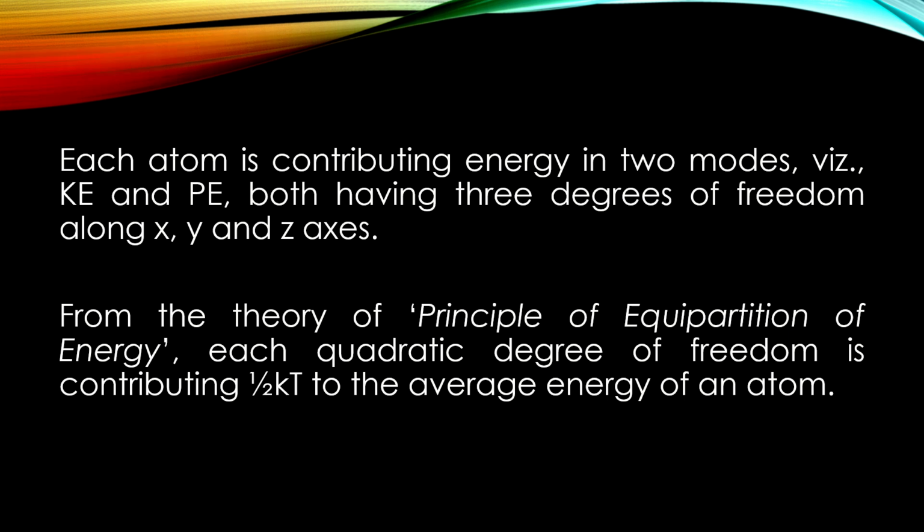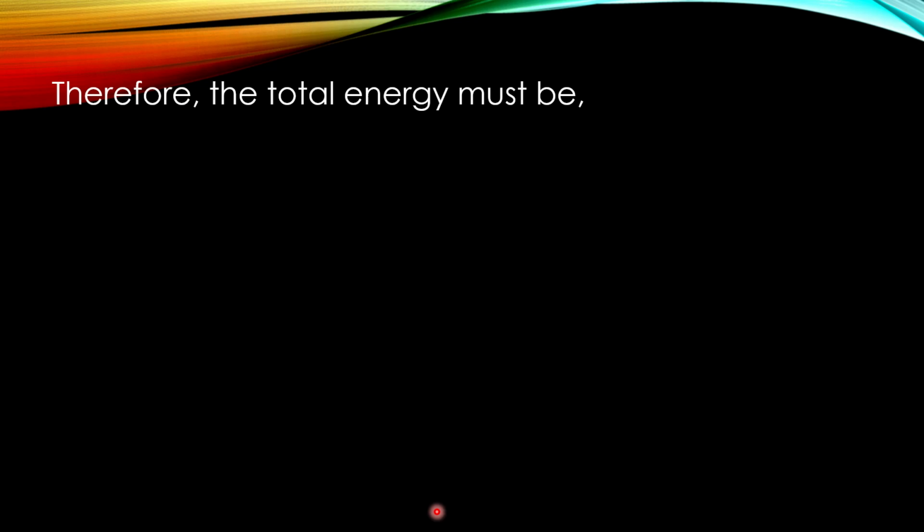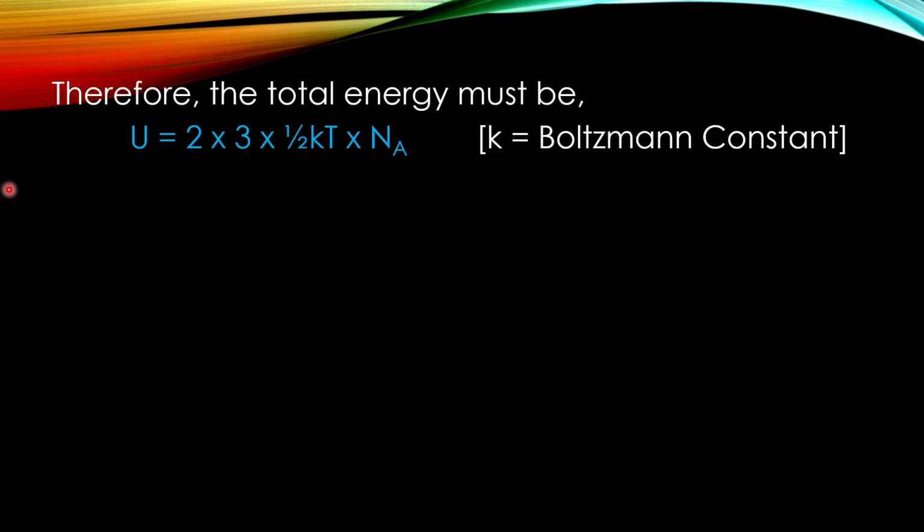The total energy U is 2 into 3 into half kT into Na. Here k is the Boltzmann constant, Na is Avogadro's number, and T is the temperature. So why 2? One for potential energy, another for kinetic energy, so 1 plus 1, 2.